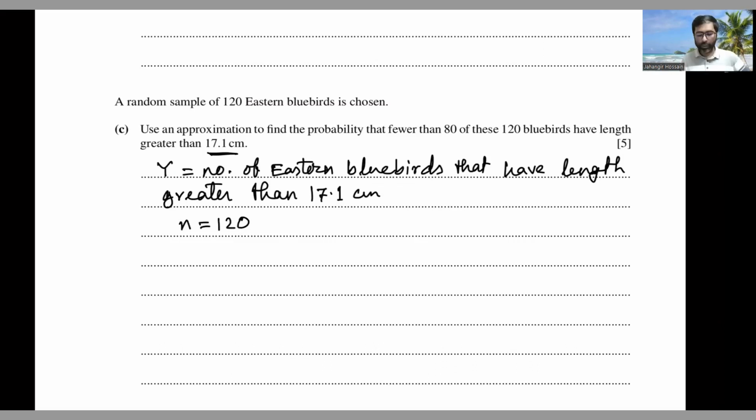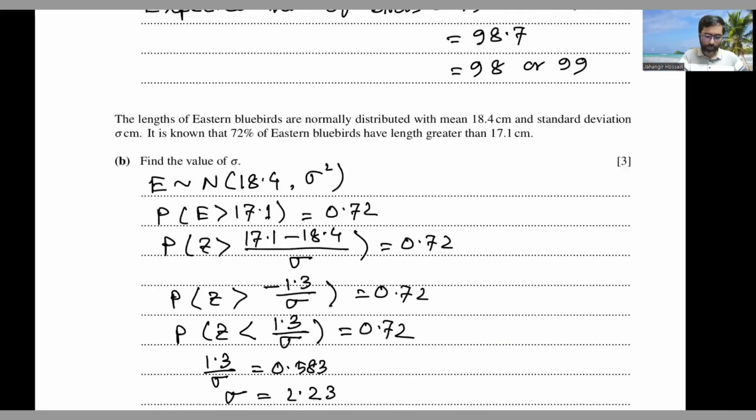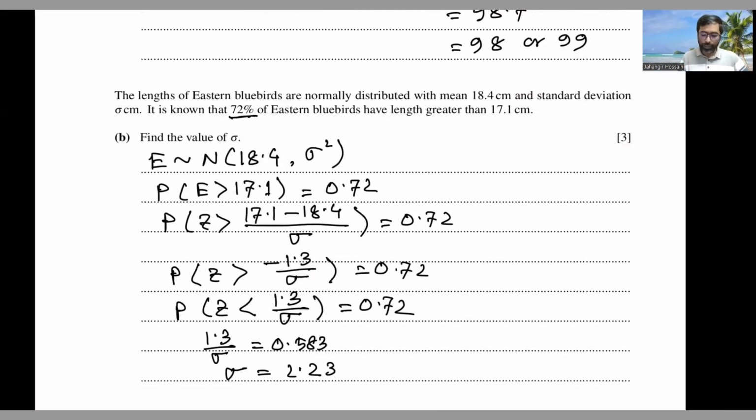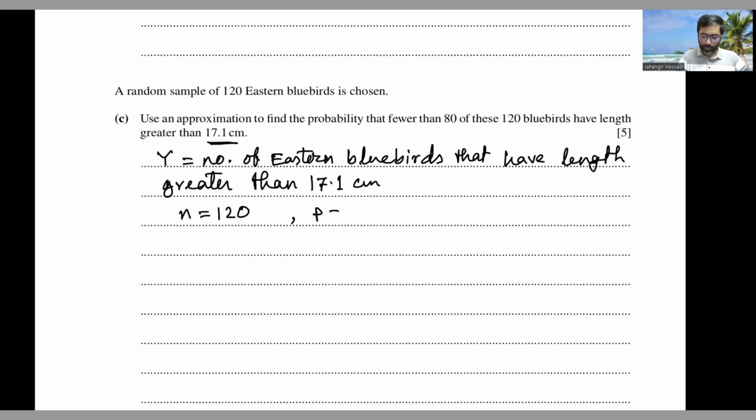Because the probability that the length is greater than 17.1 centimeters is 72%, as given in part B. So the probability that a bird has length greater than 17.1 centimeters is 0.72, and we have a sample of 120 bluebirds. Now, the number of trials is constant and the probability is constant, so obviously it follows a binomial distribution.